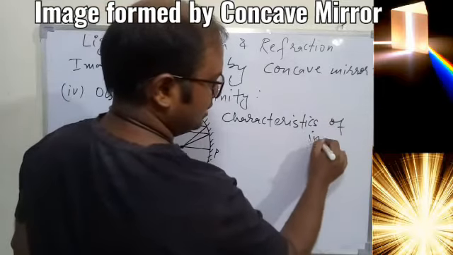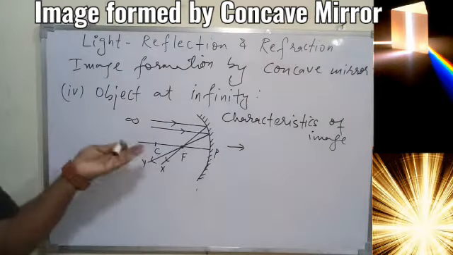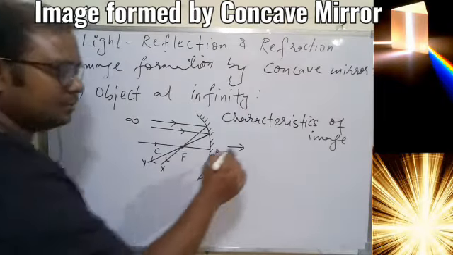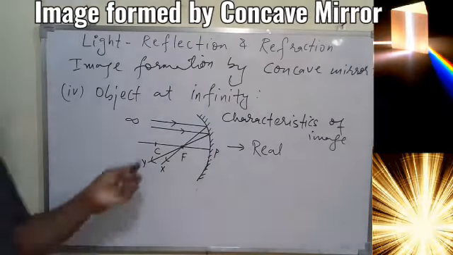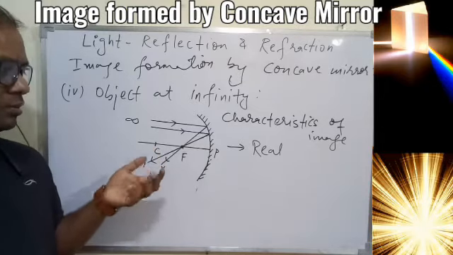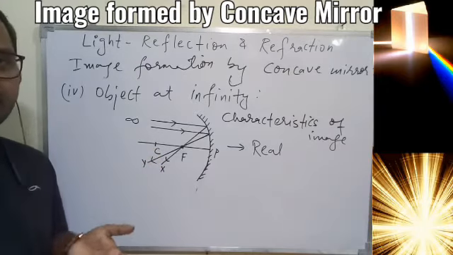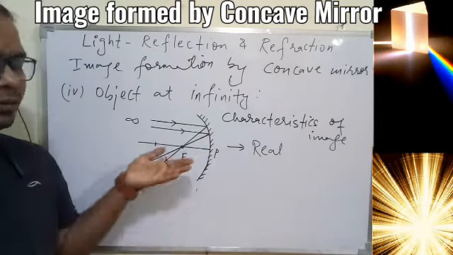Based on this we can talk about the characteristics of the image. First thing is clear: since the rays actually pass through the focus, the image must be real. In this case, in general, the image is point size. If it is point size, it's difficult to talk about inverted or upright, but always remember real is always inverted.